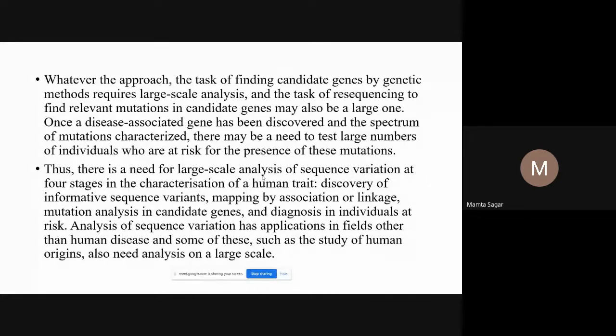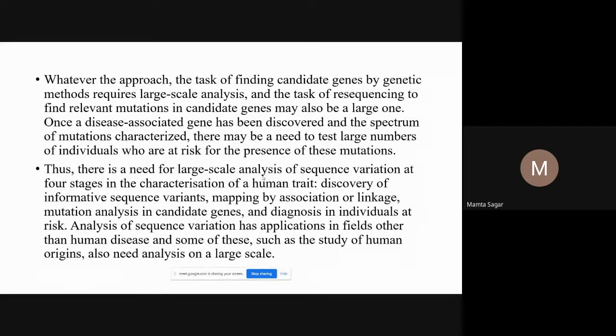Because if the mutation is at the DNA level and DNA produces the protein, we have already discussed in the open reading frame how point mutations have impact on the protein. So SNPs have a great impact on that. Even a single mutation can cause a serious disease like sickle cell anemia.